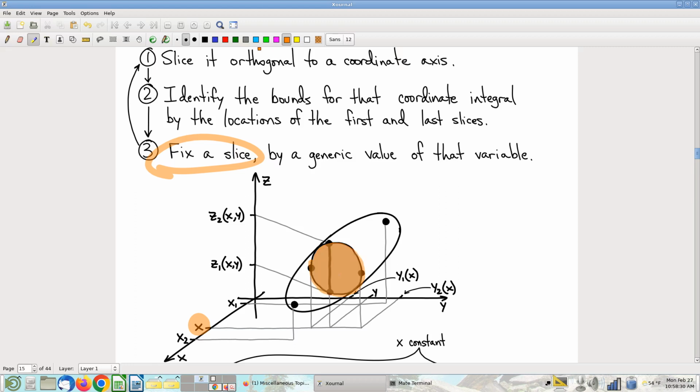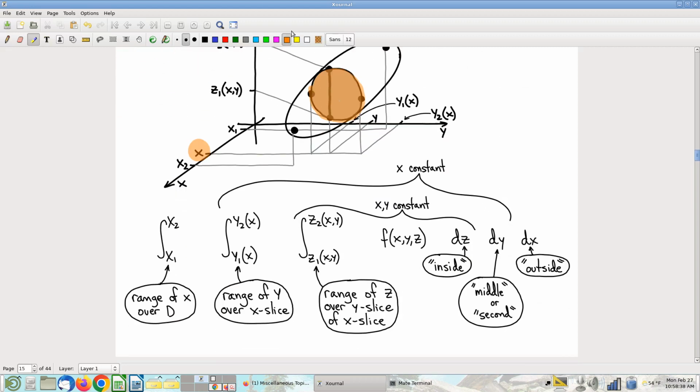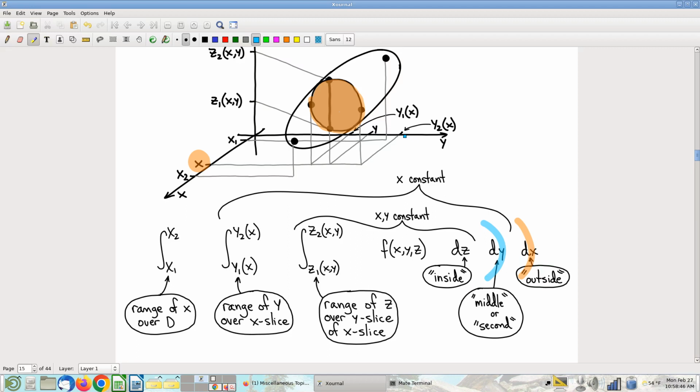And we move on to the next axis, to the next variable. The way I have this written here, we have our orange x slicing on the outside, and moving inward, we now get to y. And so I'm going to be slicing next in the y direction.